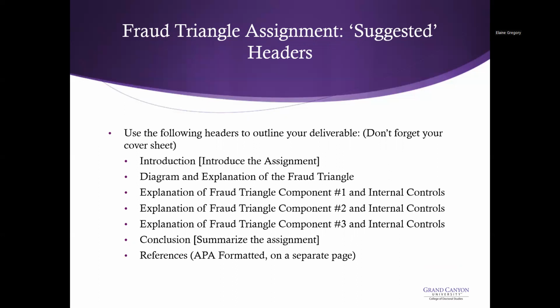Then your next header will be explanation of fraud triangle component number 1 and the internal controls. Remove the words component number 1 and type in one of the constructs or variables, and do the same with component number 2 and component number 3. Then you're going to provide me a conclusion, which is a summarization of the assignment, not your opinion of it.